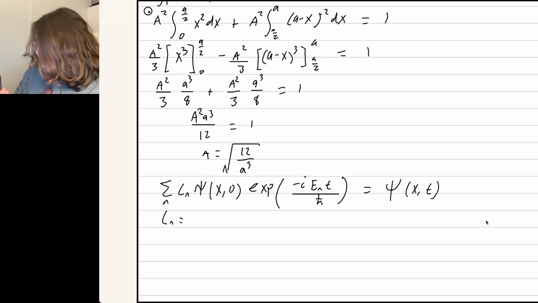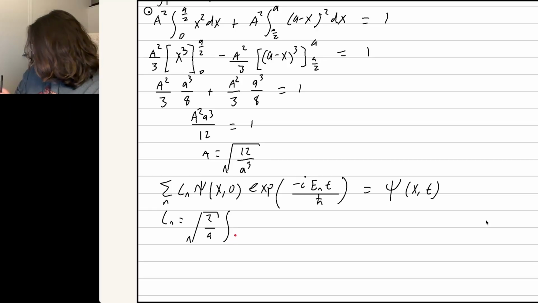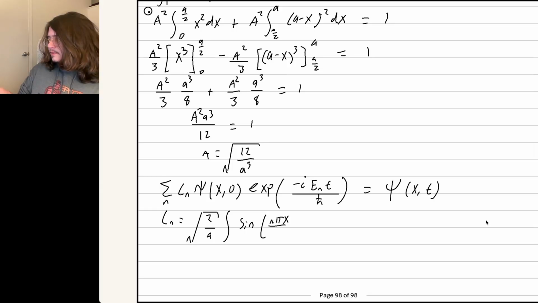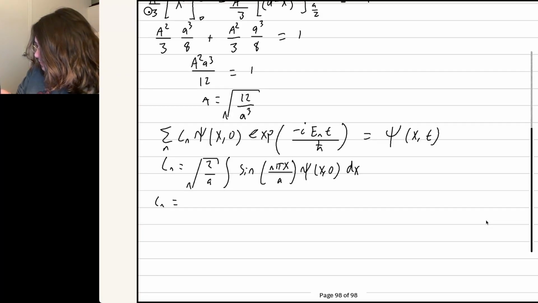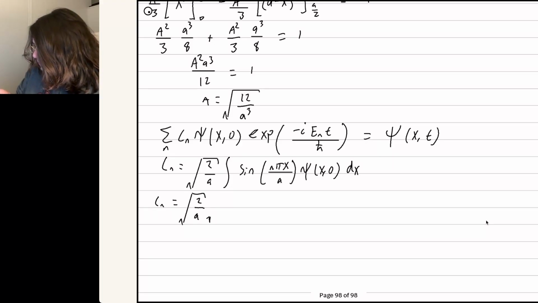Cn is given by the square root of 2 over a times the integral over all space of sine n pi x over a times the time-independent wave function dx. So in our case, we're going to have root 2 over a, and then go ahead and bring out the normalization factor, so 12 over a cubed. And then we're going to have a couple of integrals.